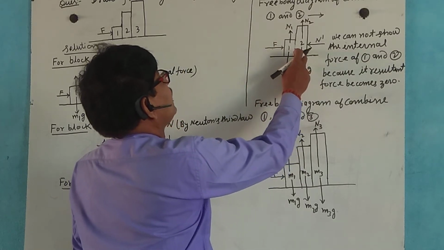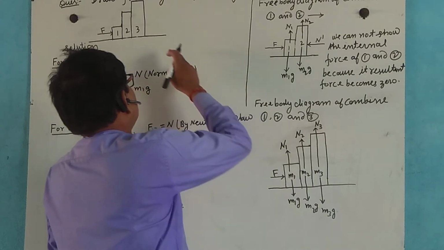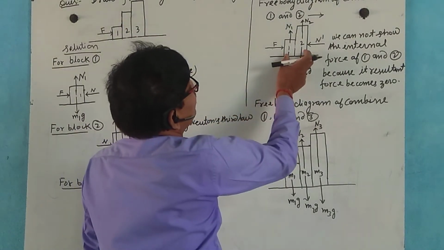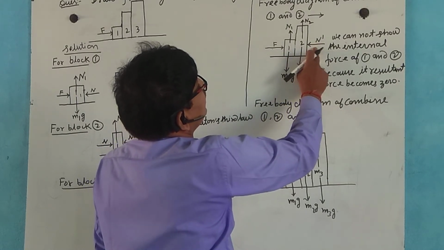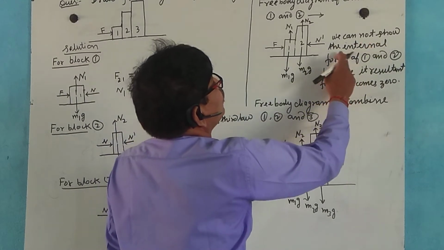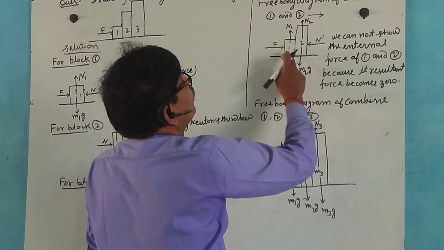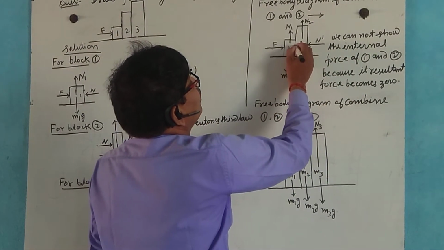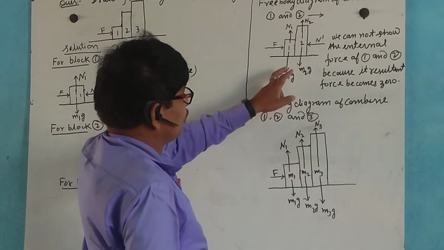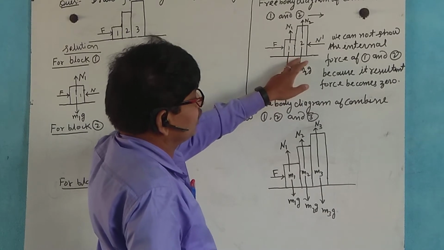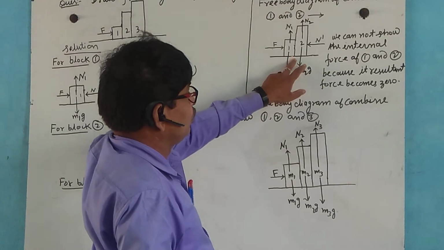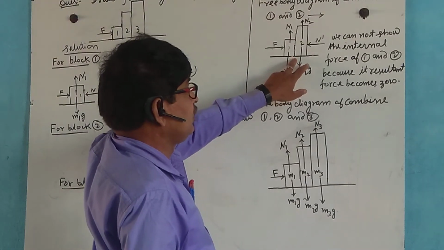And as you know, the third block applies a force in this combined form, N dash. This is N dash, so we cannot show the internal force of 1 and 2, because the resultant force between these two blocks becomes 0, so we do not show the internal force.